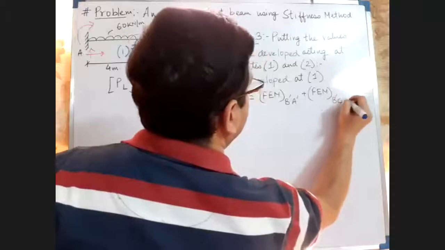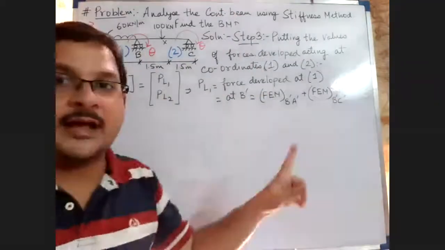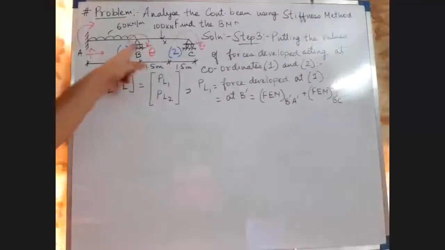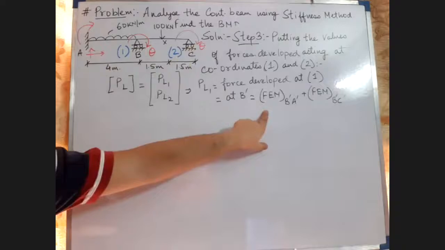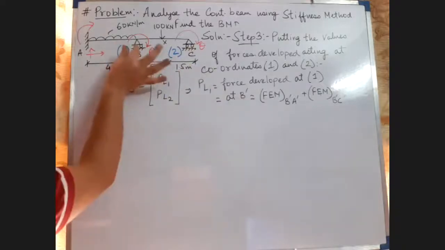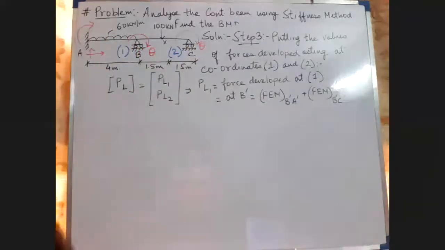Because B dash is the point, if you check the figure, which is shared by A dash B dash and B dash C dash. That is why the total force acting at point B will be the sum of the fixed end moments.